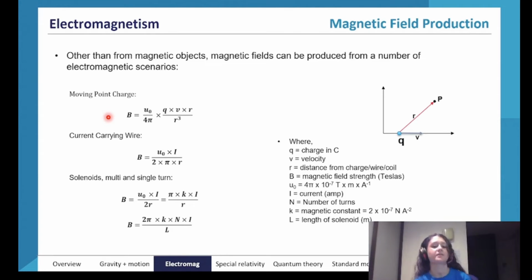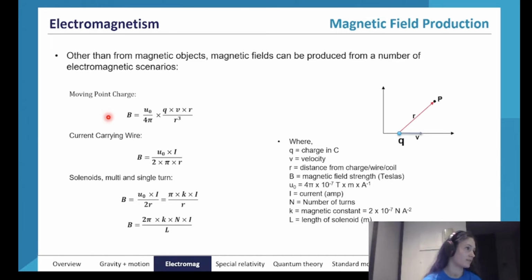The magnetic field strength is equal to mu naught, which is the permittivity constant, and that is also in your formula sheet, divided by 4 pi, multiplied by Q, which is the charge on the point particle in coulombs, multiplied by the velocity of the charge, and then divided by r cubed, where r is the distance from the charge, wire or coil, sorry.